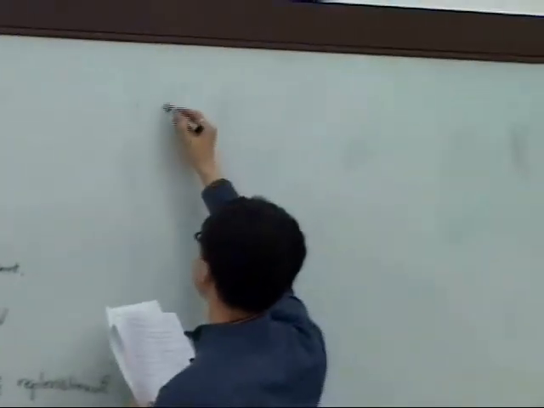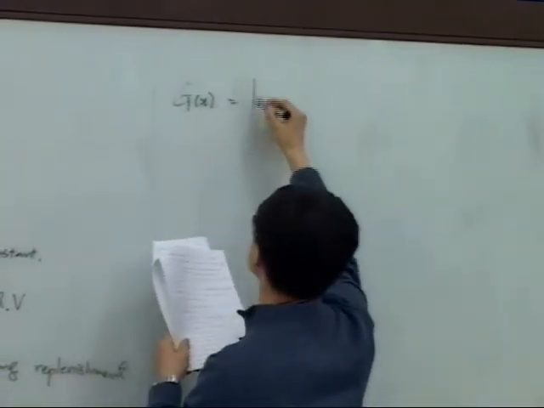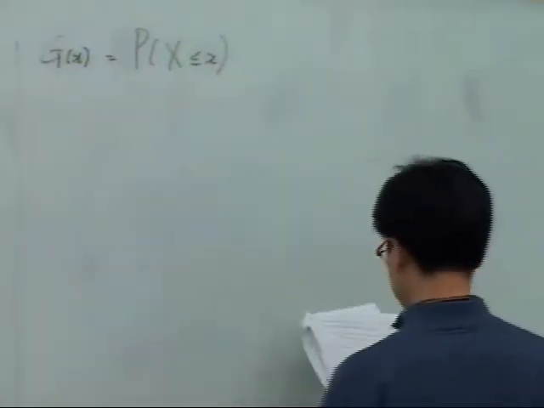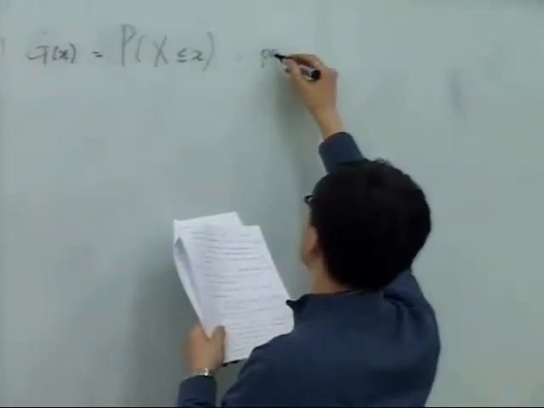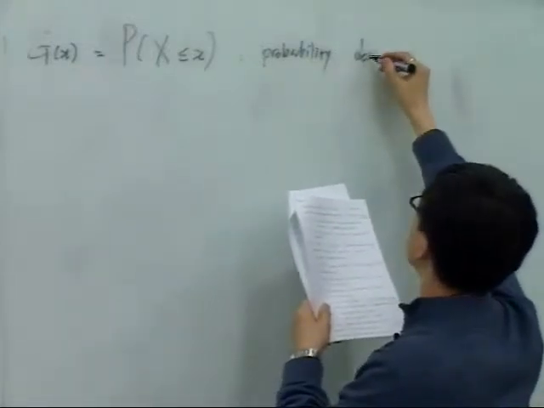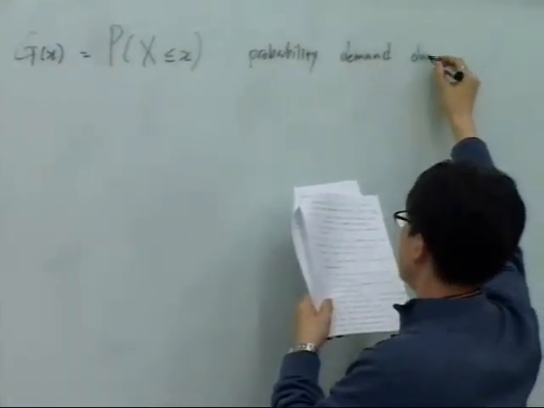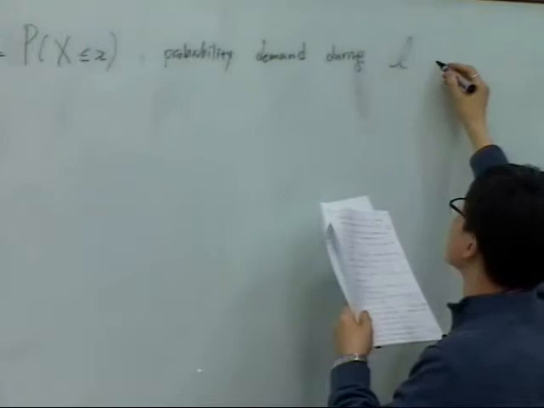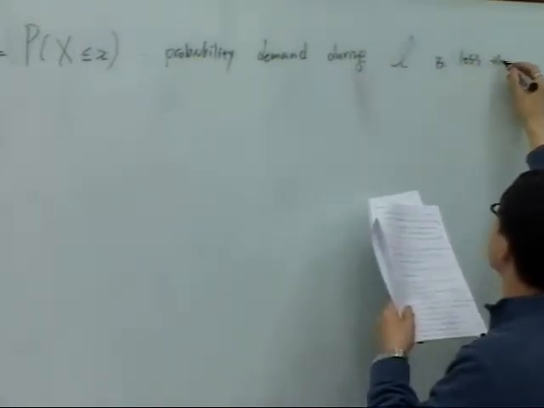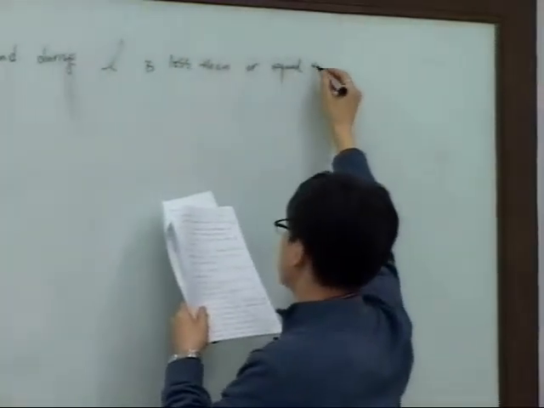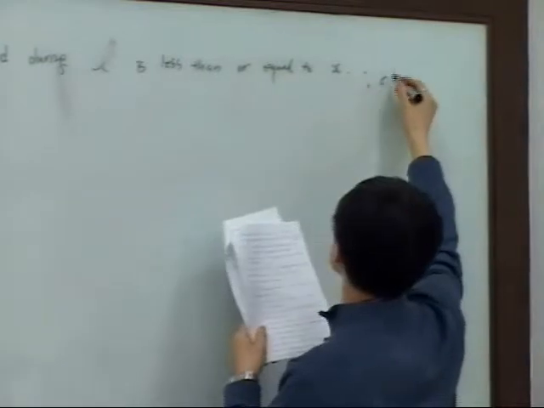And we have the same thing here, large G of x. This is the probability that demand during replenishment lead time L is less than or equal to X. This is the CDF.